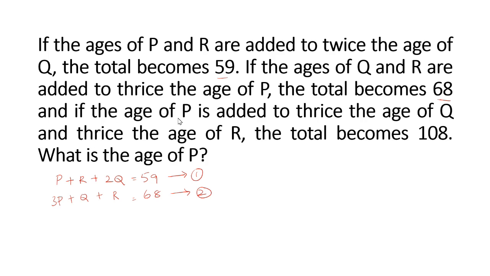And if the age of P is added to thrice the age of Q and thrice the age of R, it gives 108. This is the third equation. So we have to find what is the age of P.